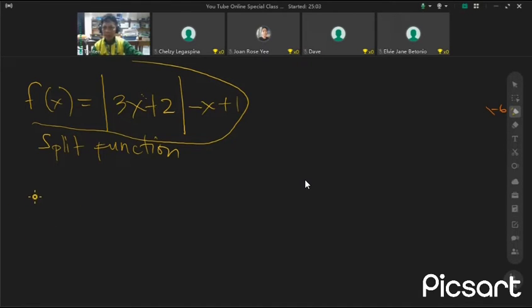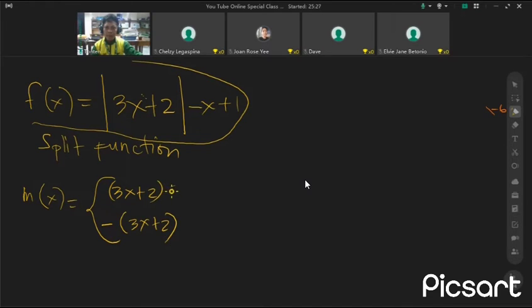What is a split function? It looks like this. Change the variable, any variable you want, and we have the positive sign of 3x plus 2 and the negative side of 3x plus 2. That is why this is called split function.